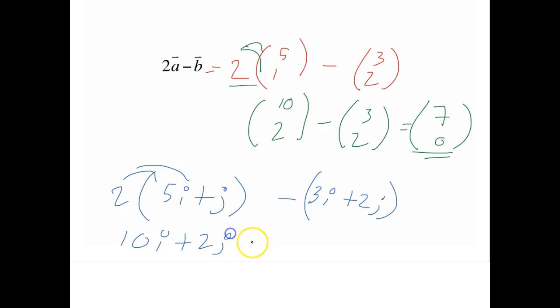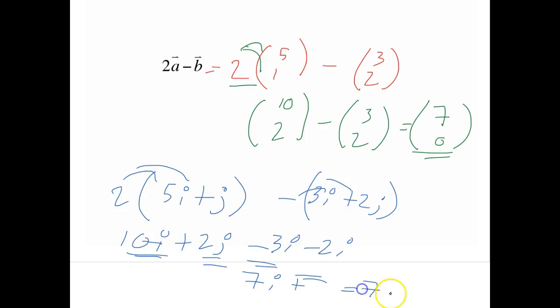So you get 10i plus 2j, distribute that negative to both of them, negative 3i minus 2j, add up like terms, 7i, the j's cancel out, so you just get 7i, which is the exact same thing as this. So that's it in component form and in unit vector notation form.